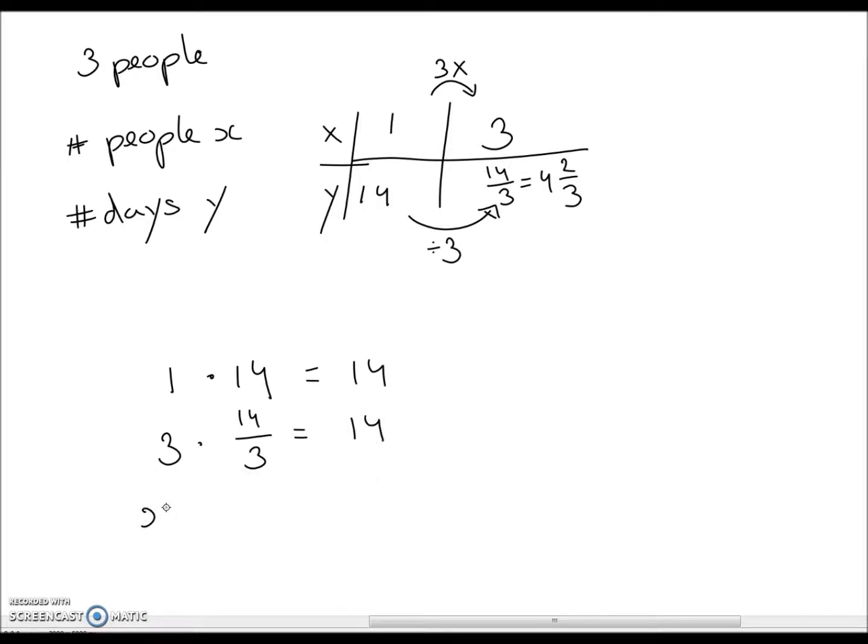If I have some x times some value for y, then x is 1 times x, and y is, well, if x is x times as much as 1, then y should be 14 divided by x.